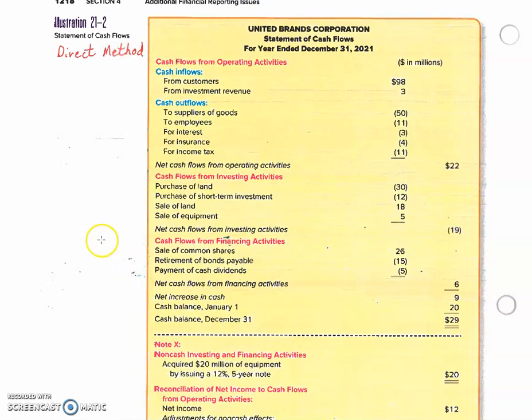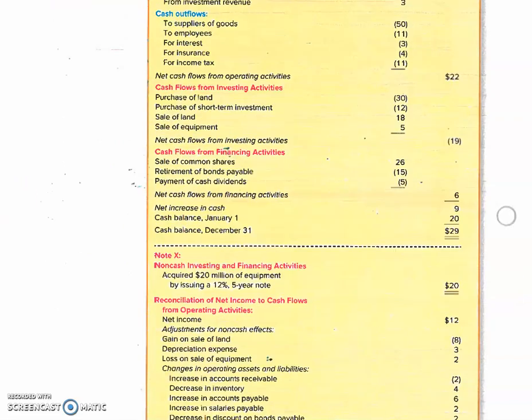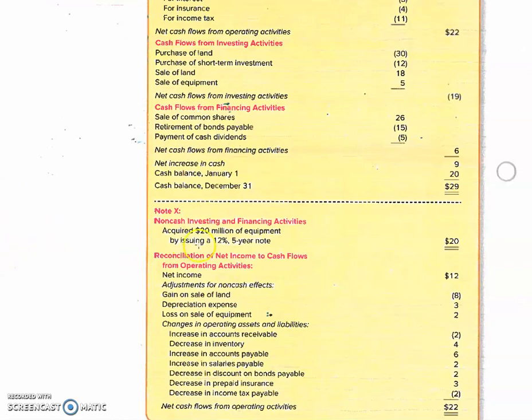So you see cash flows from operating activities were $22 million. So we come down here and see that net income right here was $12 million. So how did we get from $12 million of net income to $22 million of cash flow from operating activities?